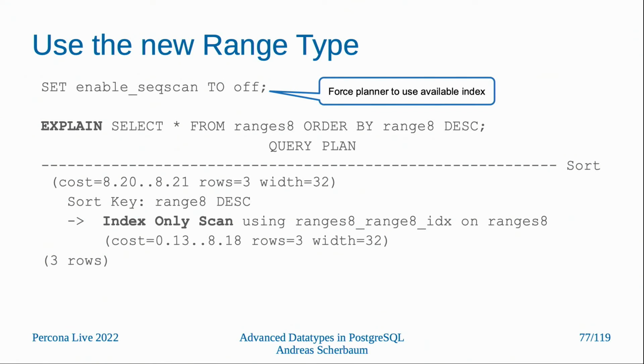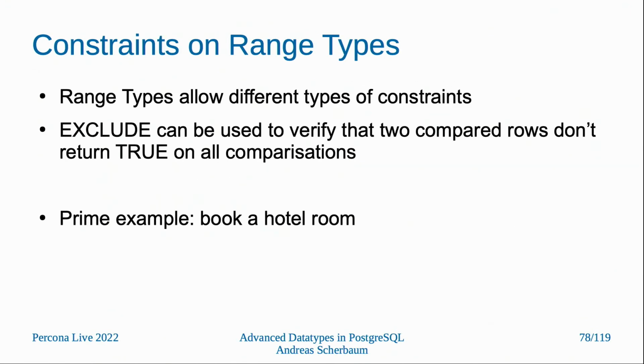I ask Postgres for this query, and my query plan says, okay, I'm using this index. Of course, that's just 3 values, that's very small. But if you have your own data type and you have a couple 100 million values in your table, you really want to have an index on it. Yes? Can you order by the endpoint? Yes, you can.